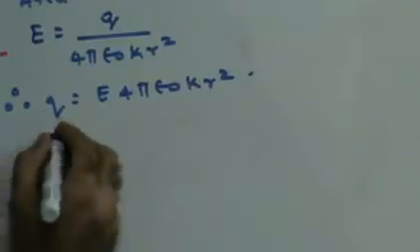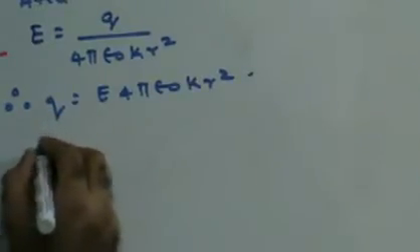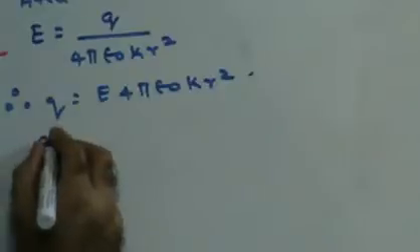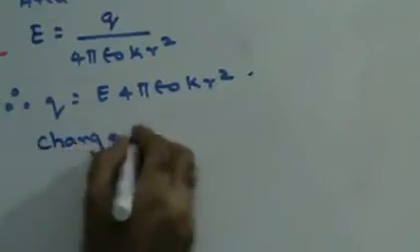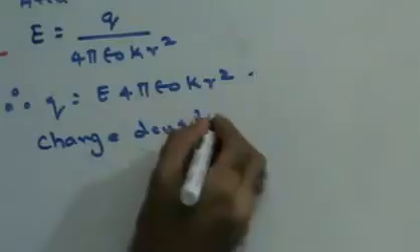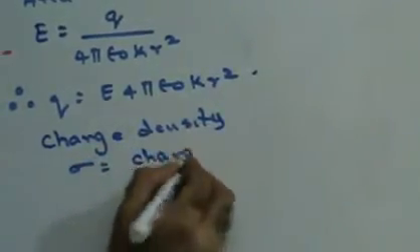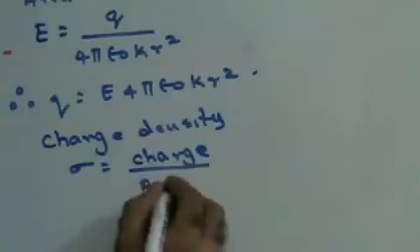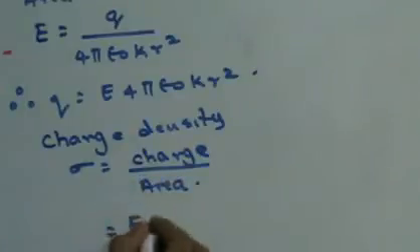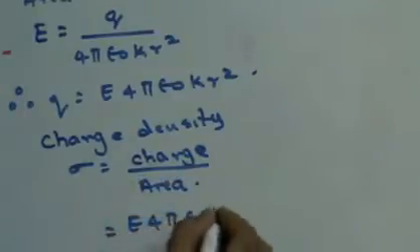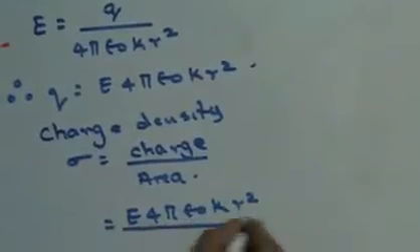Now, in this case, charge density by definition is nothing but charge upon area. So that's E 4 pi epsilon 0 K r square upon 4 pi r square. 4 pi gets cancelled.